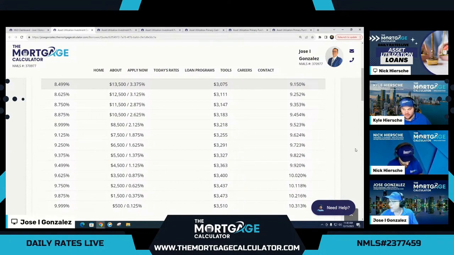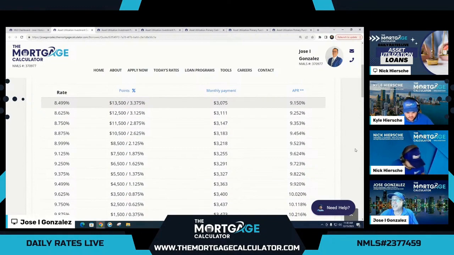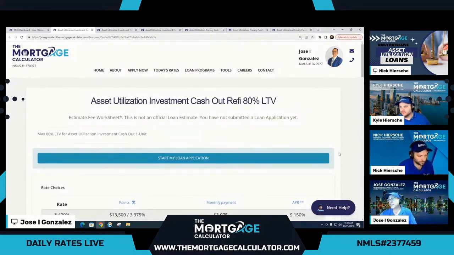So 9.99% is almost at par, costing 0.125 points. And again, in an amazingly deep rate sheet, you can buy that down all the way to 8.499, costing 3.375 points for your investment property asset utilization cash out at 80% LTV.